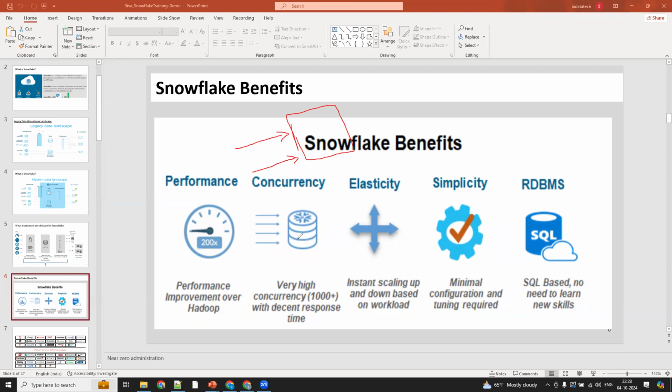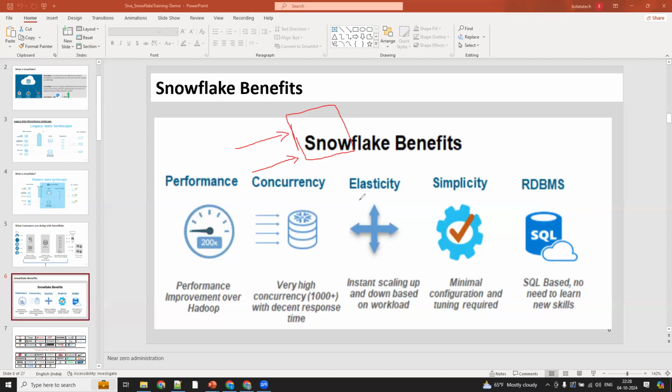That is the beauty of Snowflake, because of its architecture. I'm going to discuss the architecture also today only. Even 1,000 people concurrently logging in and querying, it can answer every query. It can execute concurrently. That's the beauty.